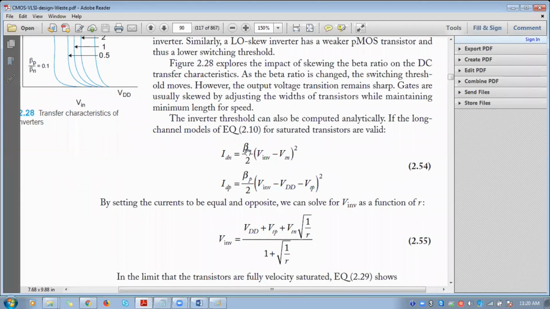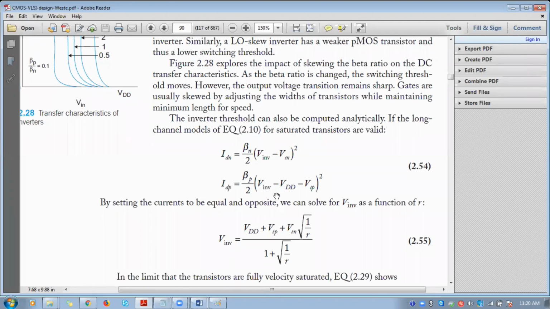So beta n by 2 into (Vin minus Vtn) the whole square. Here they have mentioned VGT only. The drain to source current in PMOS is beta P by 2 into Vin minus... Here for NMOS we need only the threshold voltage to make it go into saturation region.